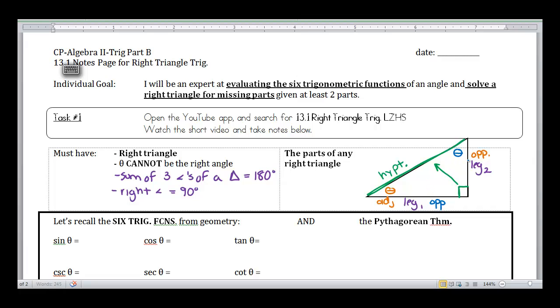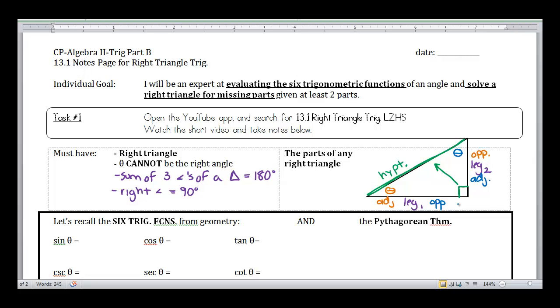And the side adjacent to theta, next to it, would be leg 2. The hypotenuse stayed the hypotenuse every time because, again, it has to be opposite the right angle. The opposite and the adjacent legs will be changing.